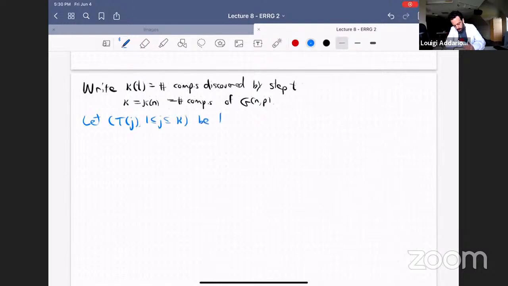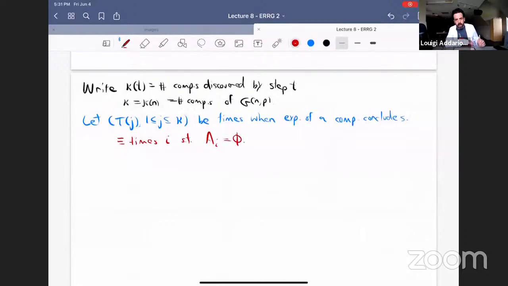So these are the times when the exploration of a component concludes. In other words, these are the times t such that At is empty.